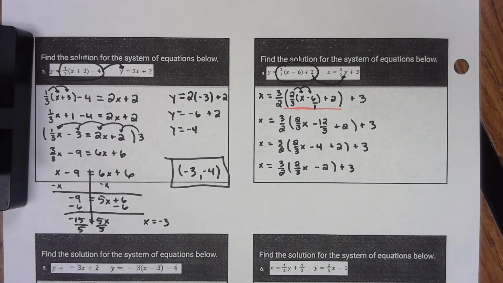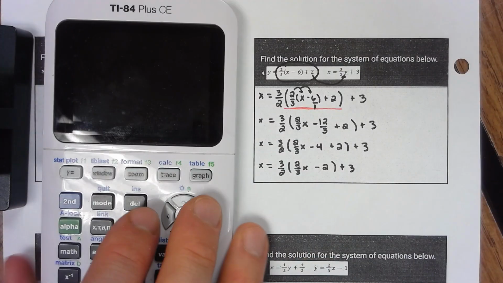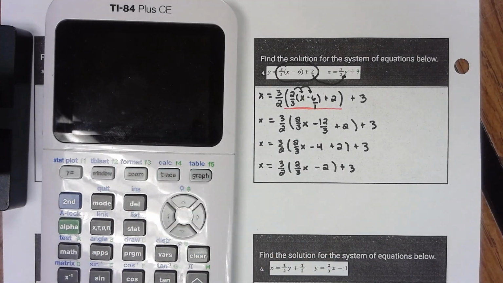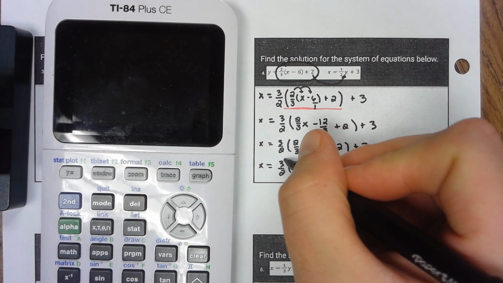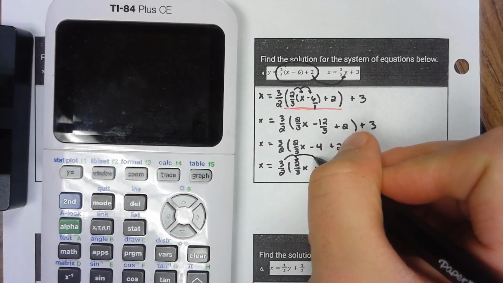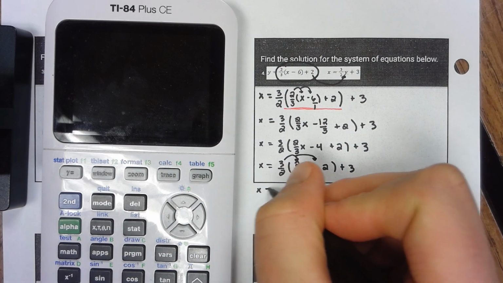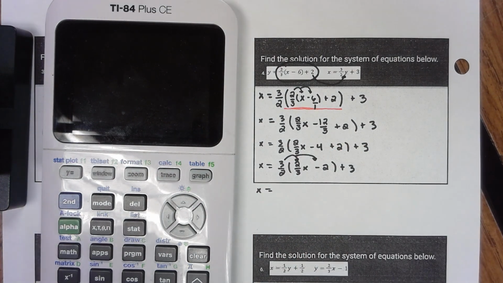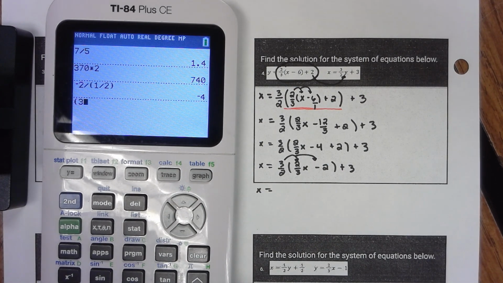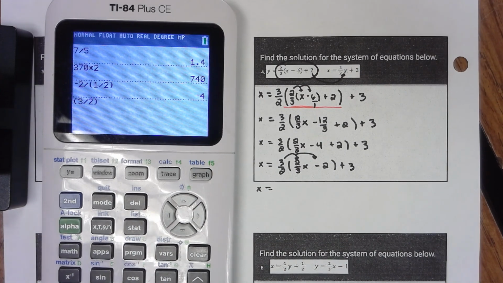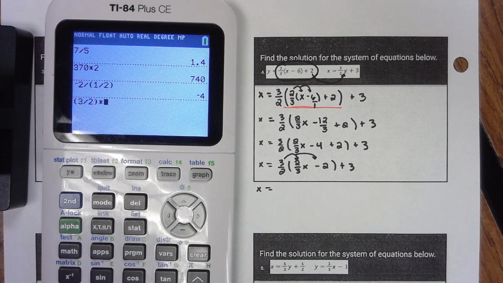All right, now we're going to let our calculator help us, because now I've simplified inside the grouping symbols. Now we're on some multiplication where this 3/2 is going to distribute. So 3/2 times 2/3, I'm going to do that in my calculator. And every time you use a fraction, you need to put parentheses around that in the calculator. So 3/2 in parentheses times 2/3.